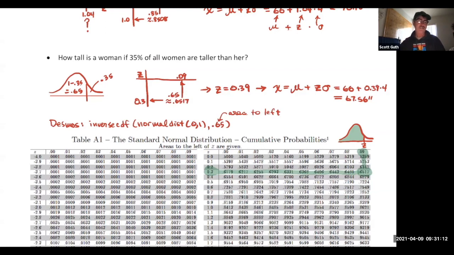Just going to pause for a second to make sure that works. I have no faith in it, but inverse CDF, dist, 0, 1, 0.65, close parentheses, it says 0.39, which is what we got. Yeah, so that's how you do it in Desmos.